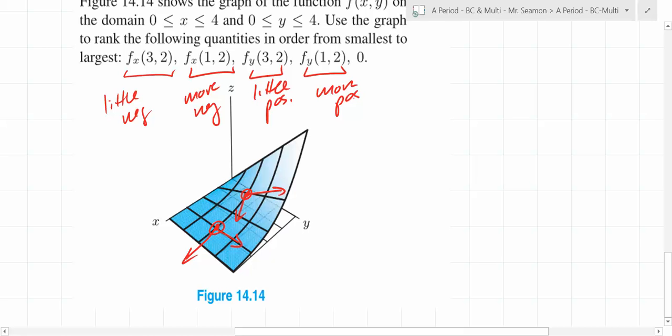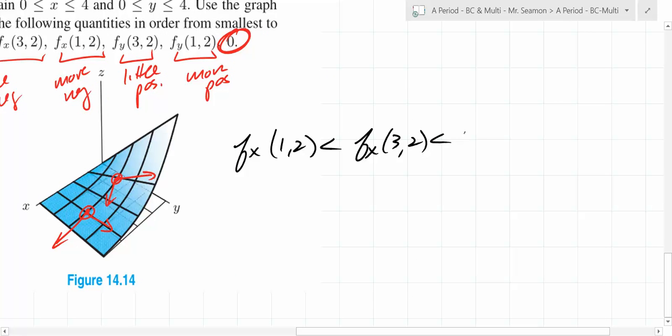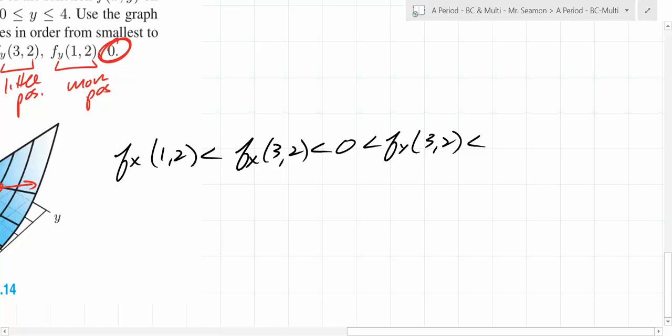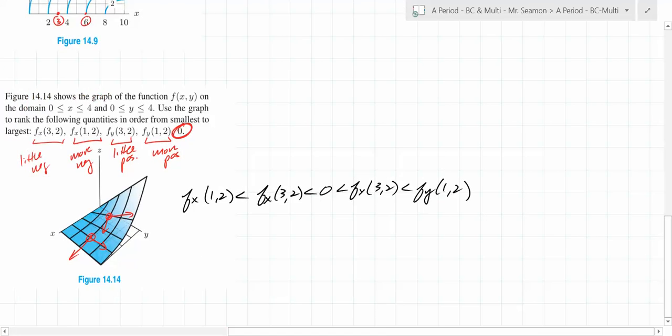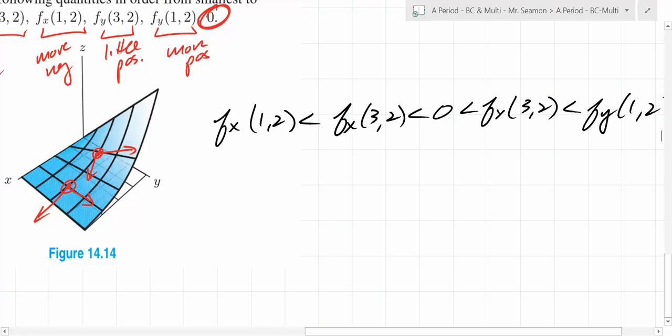More positive. And then you have 0. So what's the smallest one? fx(1,2) is less than fx(3,2), which is less than 0, which is less than fy(3,2), which is less than fy(1,2). It's a great question. I like that one. Does that make sense now?